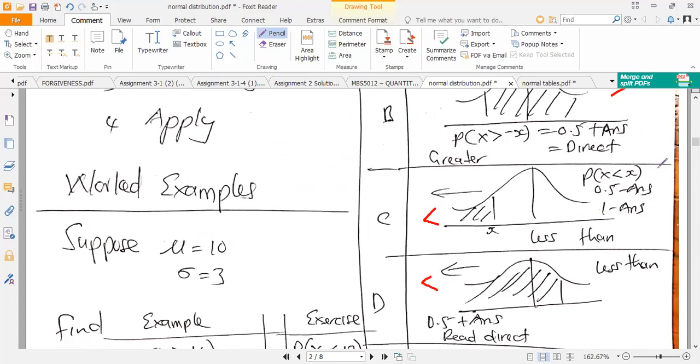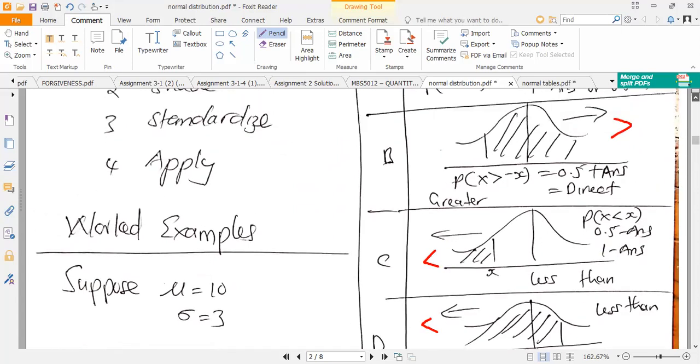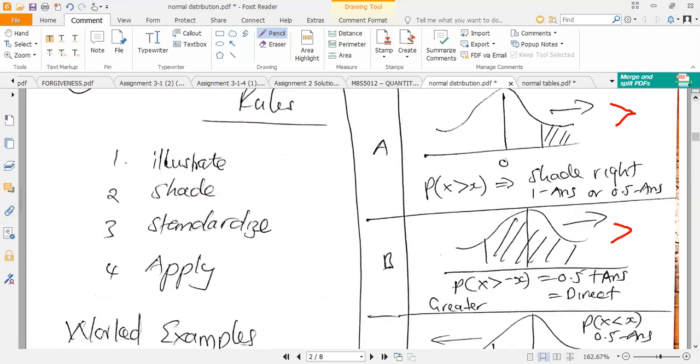So that is step number 2, we need to learn how to shade. What determines where to shade is basically the sign that we find. Greater, shade right. Less, shade to the left.